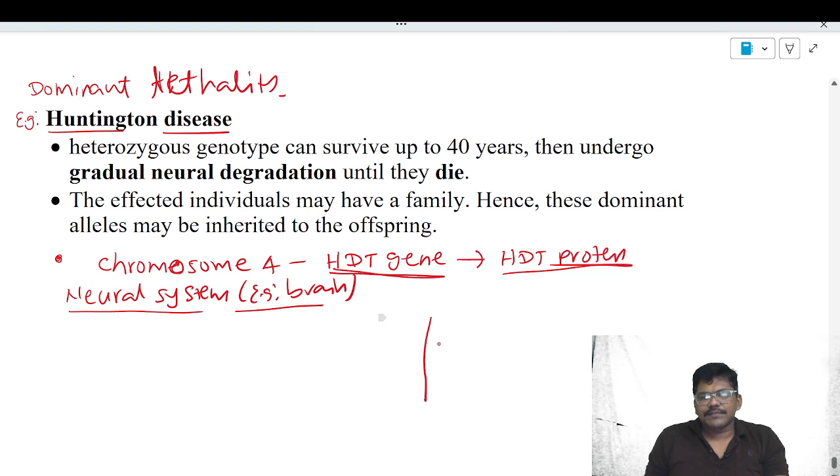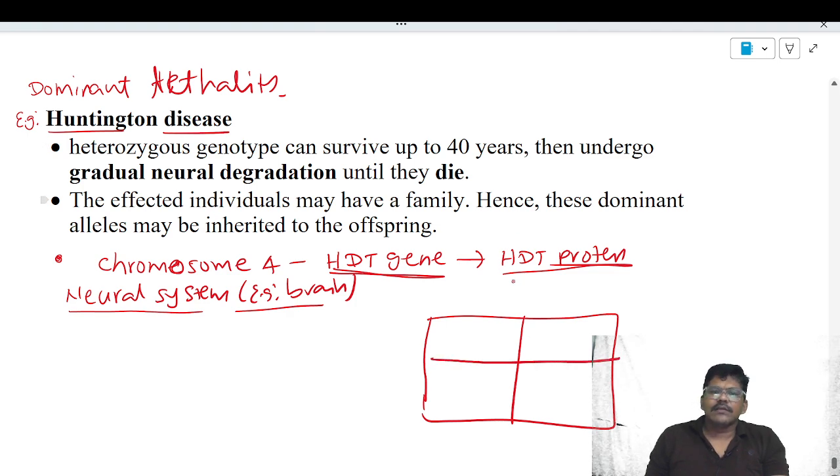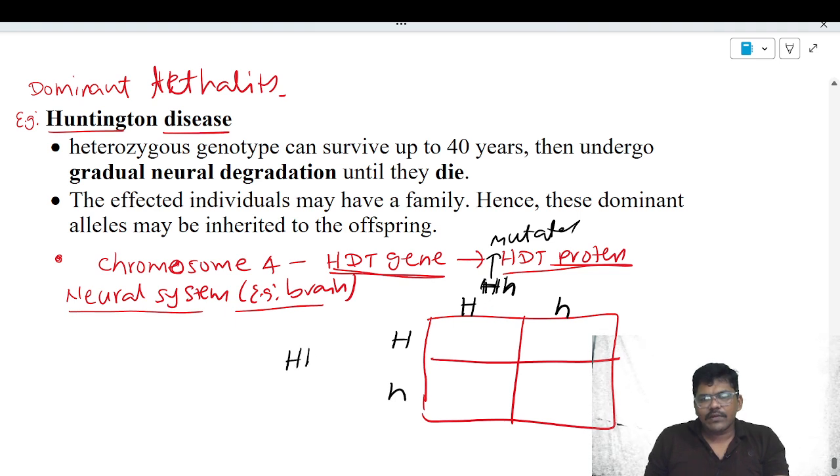Now, if you look at the inheritance of Huntington disease, consider a person who has one mutated allele and one normal allele: capital H is the mutated allele, small h is the normal allele. When a heterozygous dominant person marries another heterozygous dominant person, both male and female produce two different types of gametes.